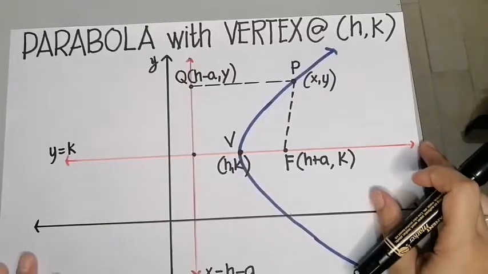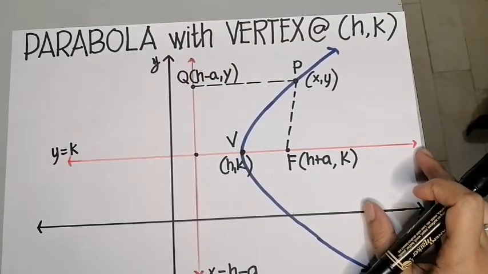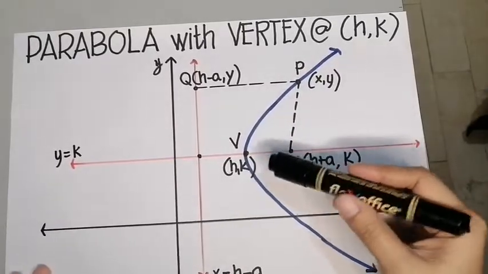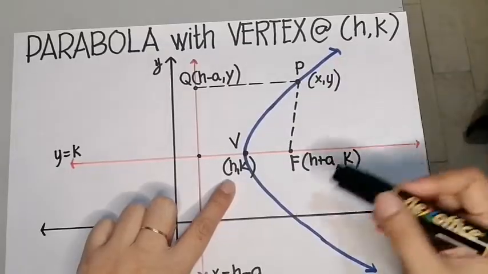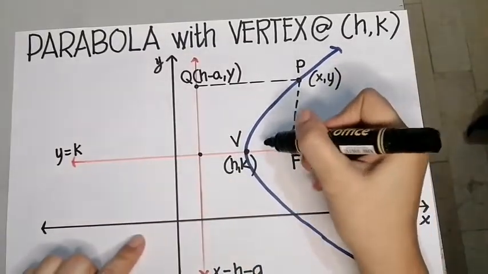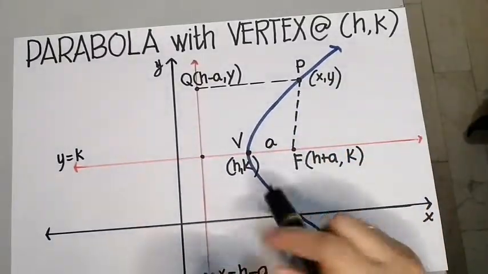Let us consider this figure and let's have a recall on the parts of the parabola. In this figure, the vertex is at (h, k) and the focal distance is denoted by a.